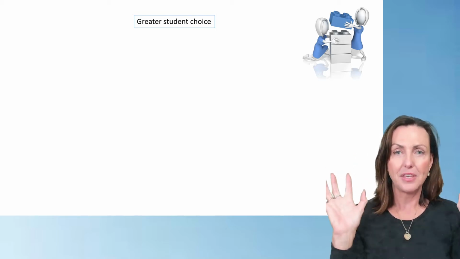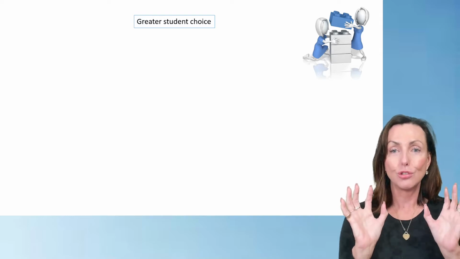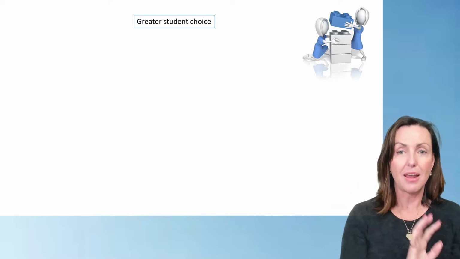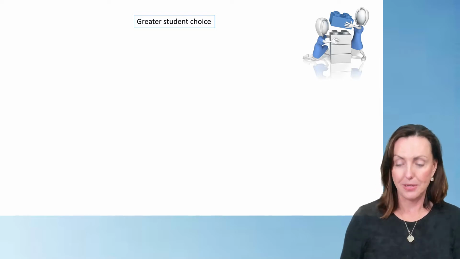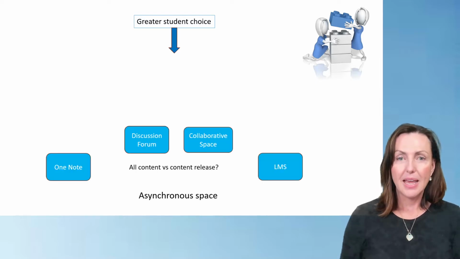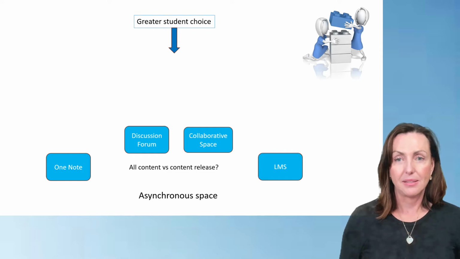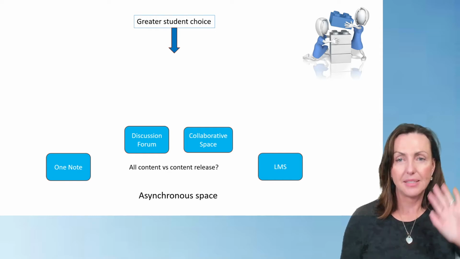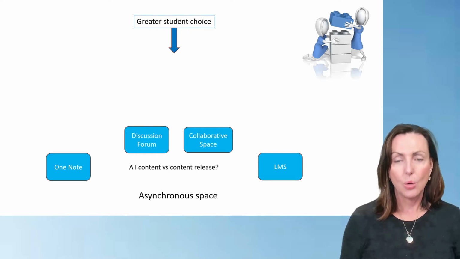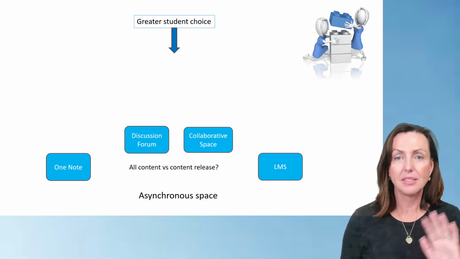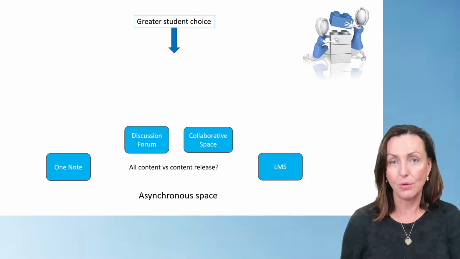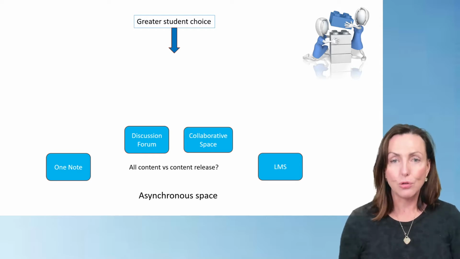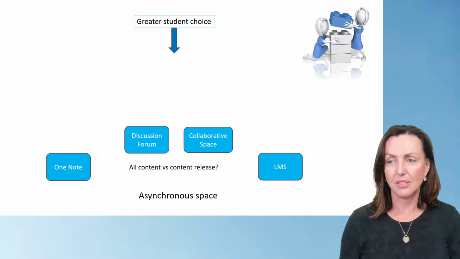So if we have this greater student choice to engage, not engage, and how they're engaging, how do we design learning online? Let's have a look at the basis, which I have said before is asynchronous space. We have our learning management systems such as our OneNote spaces, and there's other software, Moodle, Blackboard, that creates the context where the content can sit for students.